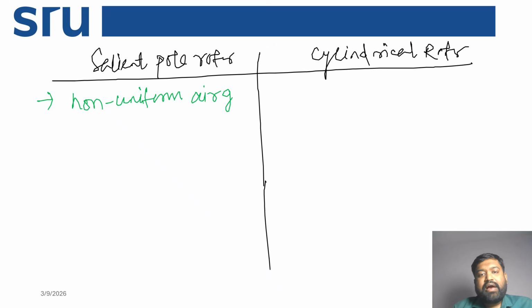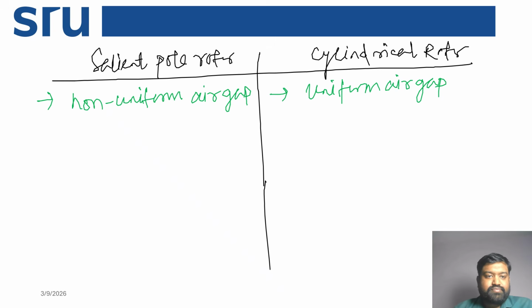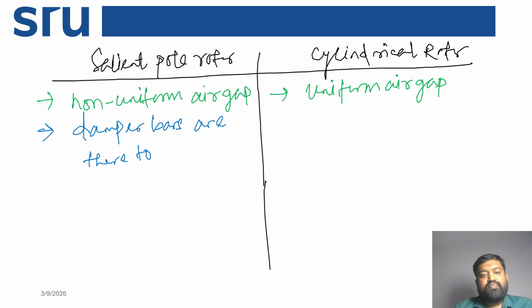Okay. And in cylindrical, now only I told, that is your uniform air gap. Second point, that here damper bars are there to reduce the oscillation. Okay, and here not there.